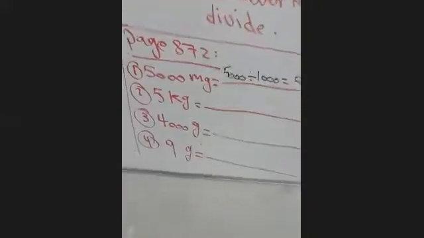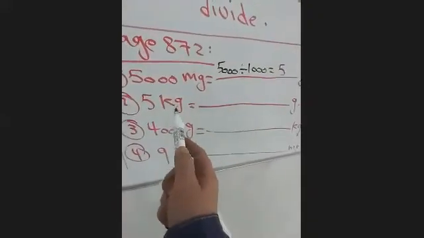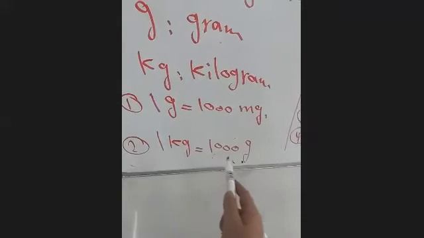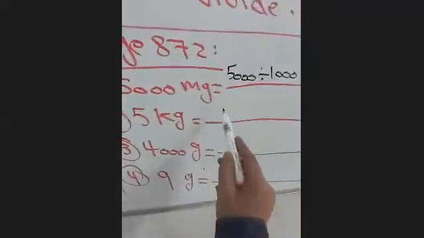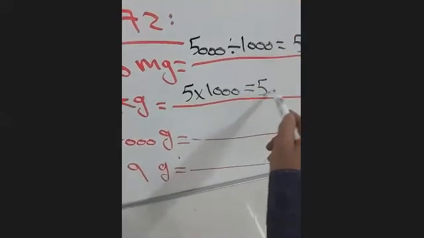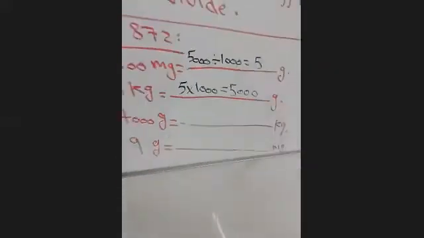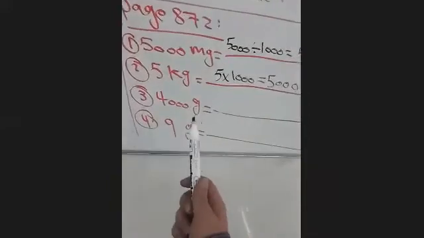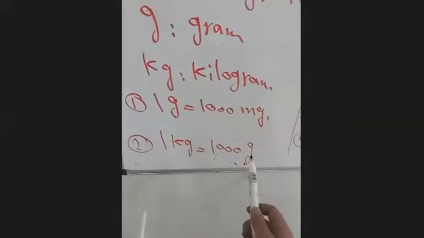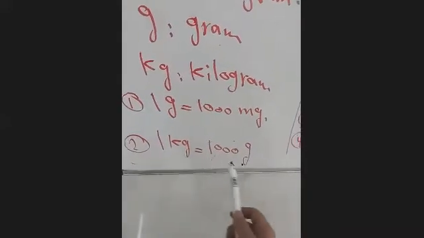Cross the zeros. Question 2: from kilogram to gram, from bigger to smaller, I multiply by 1,000. 5 times 1,000 equals 5,000. Question 3: from gram to kilogram, from smaller to bigger, I divide by 1,000.